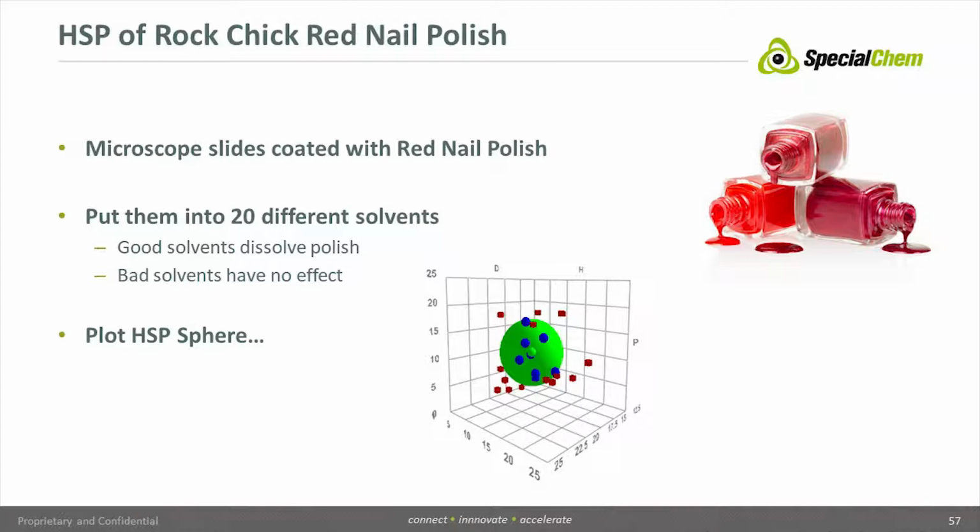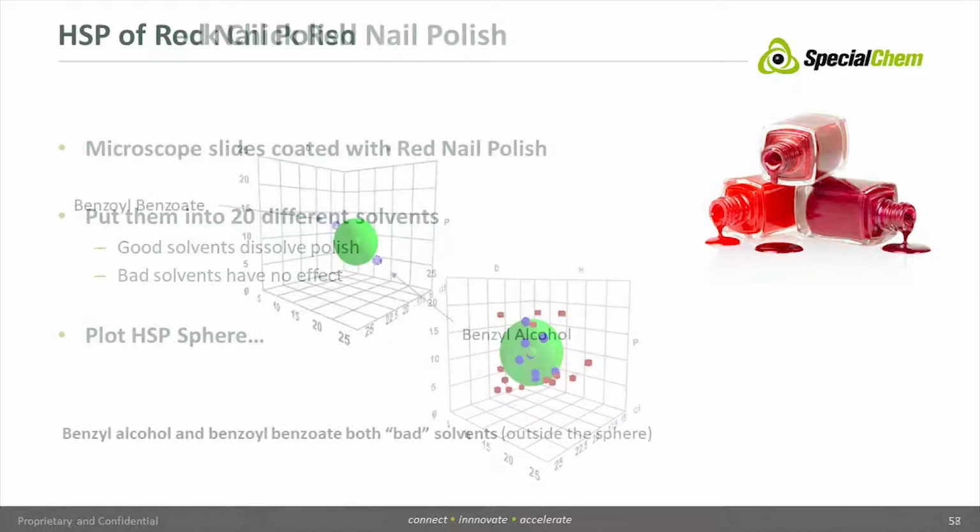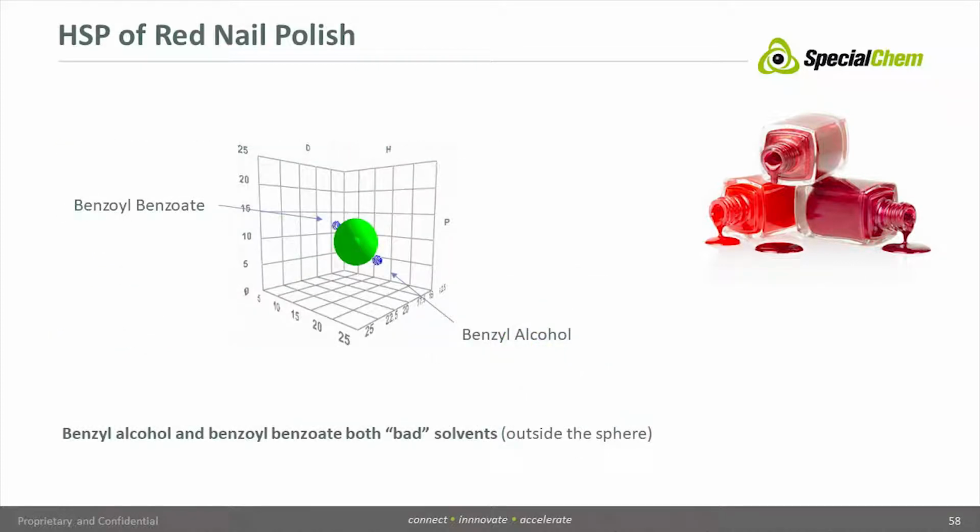This already shows that HSP is a real-world technique. But that's not the best part. It turns out that neither benzyl alcohol nor benzyl benzoate dissolve this polish. But if you take their HSP values and make a 50-50 average, you find that that blend is not a bad match. Each compensates for a defect, in HSP terms, in the other. Make up that blend, dip in the slide, and yes, it dissolves the polish.